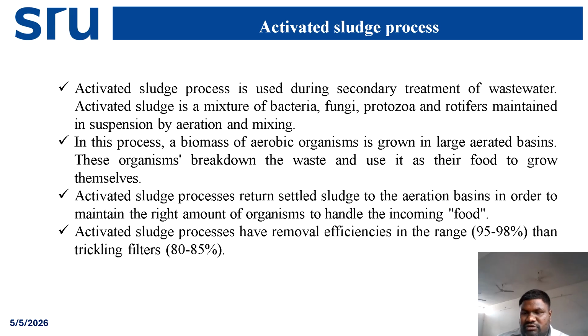Next process will be secondary treatment, that is the activated sludge process. The activated sludge process is used during secondary treatment of wastewater. Activated sludge is a mixture of bacteria, fungi, protozoa and rotifiers, maintained in suspension by aeration and mixing.